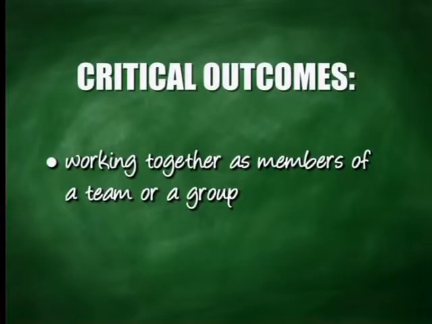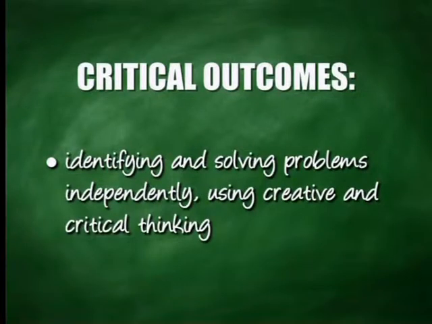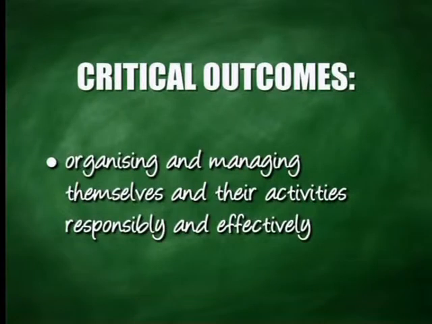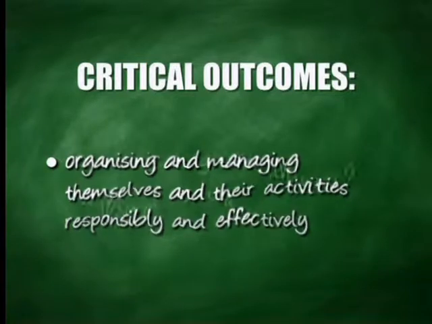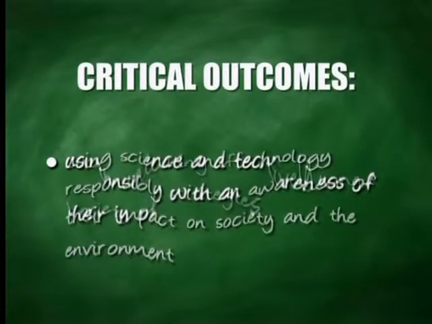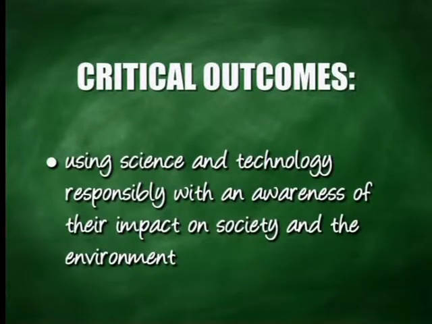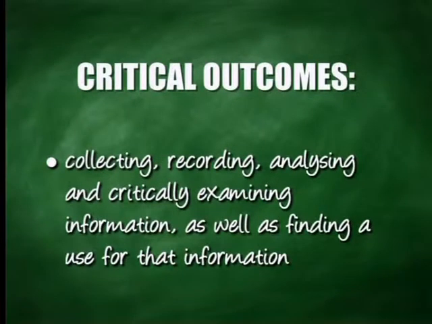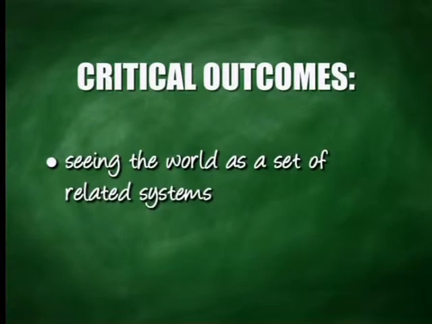Working together as members of a team or group, identifying and solving problems independently using creative and critical thinking, organizing and managing themselves and their activities responsibly and effectively, communicating effectively using a variety of strategies, using science and technology responsibly with an awareness of their impact on society and the environment, collecting, recording, analyzing, and critically examining information, as well as finding a use for that information, seeing the world as a set of related systems.